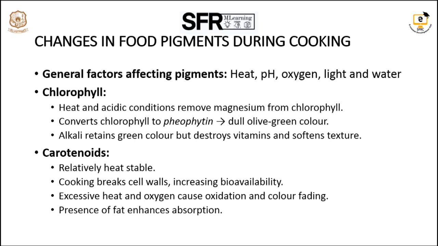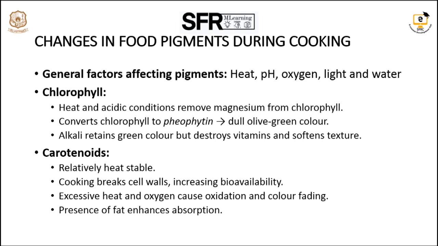This is because of the removal of the magnesium ion from the chlorophyll due to heat and acidic conditions. Alkaline conditions retain the green color but destroy the vitamins and soften the texture. So in alkaline conditions, like when we add salt during cooking, the green color will be retained, but sometimes the vitamins are destroyed.